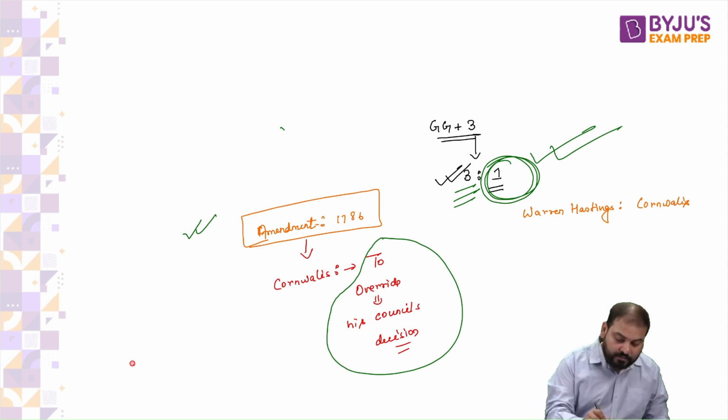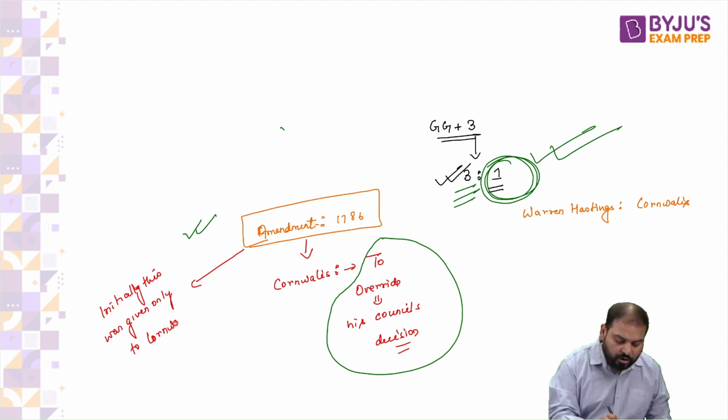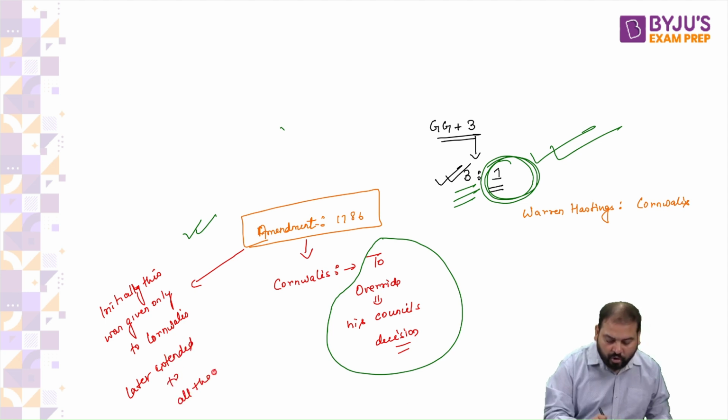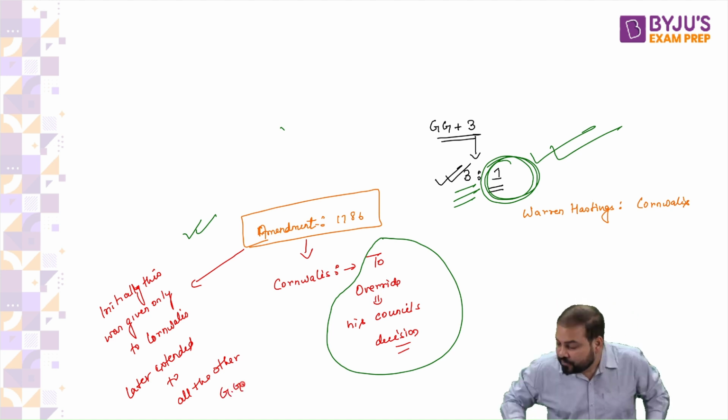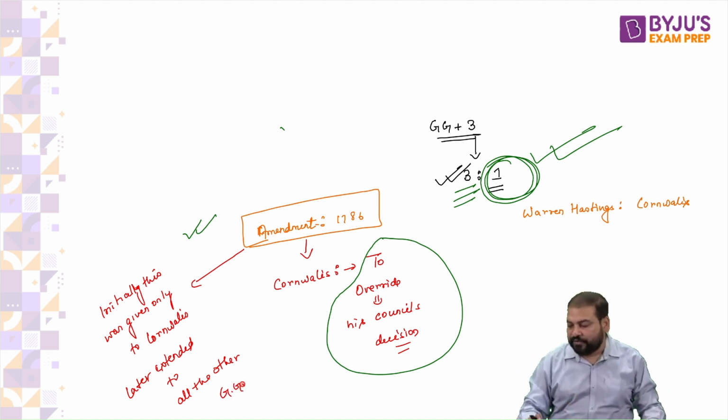Remember, initially this was given only to Cornwallis, later extended to all the other Governor Generals. To everyone, it was given. Zeba, it will soon be given to everyone.